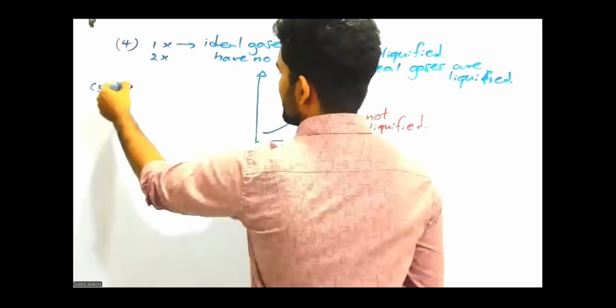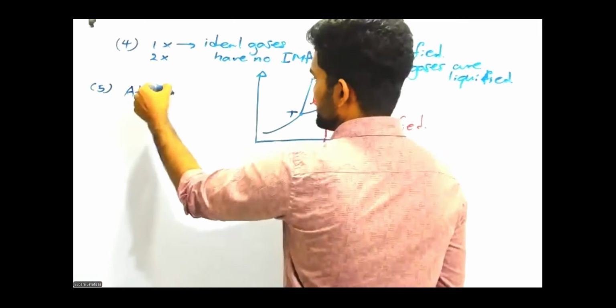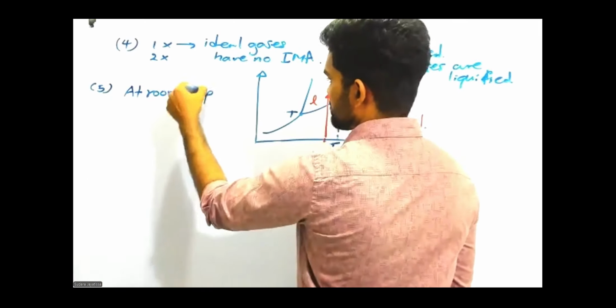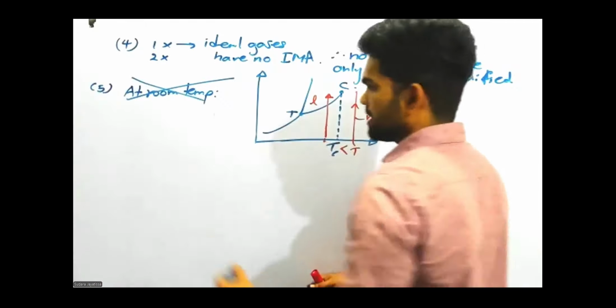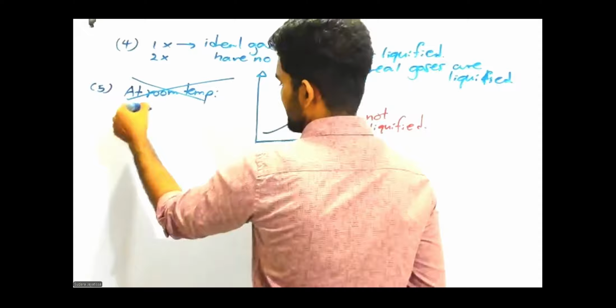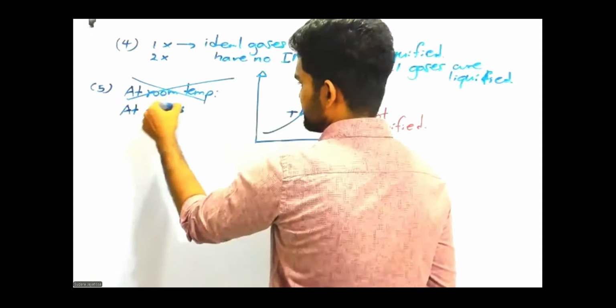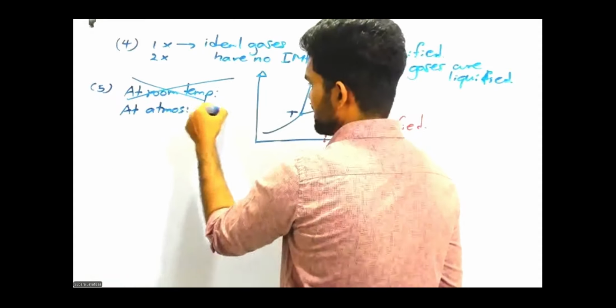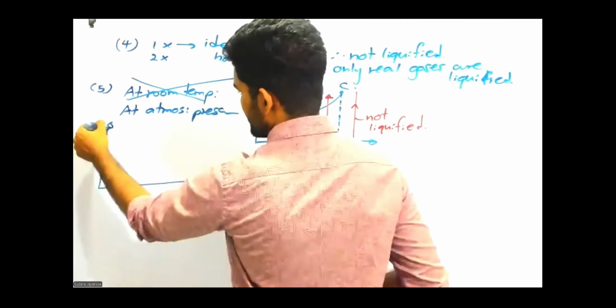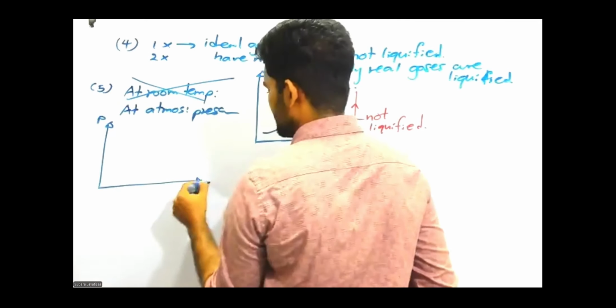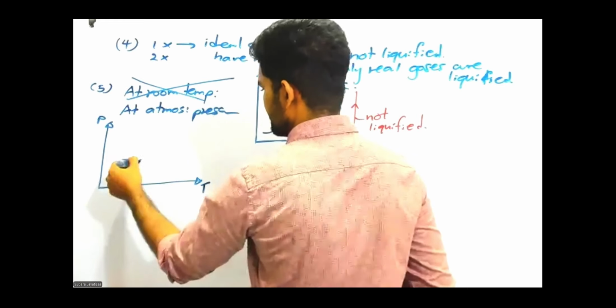Understood that one? So at room temperature, that part you have to cut. Then at atmospheric pressure, keep that. So now this is our carbon dioxide phase diagram. Pressure, temperature.